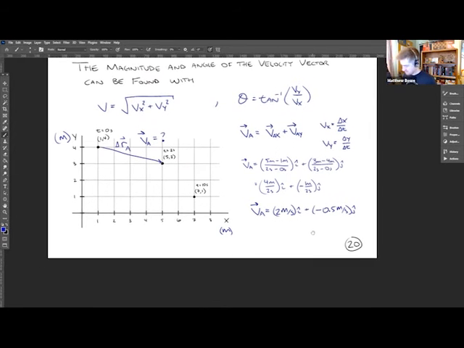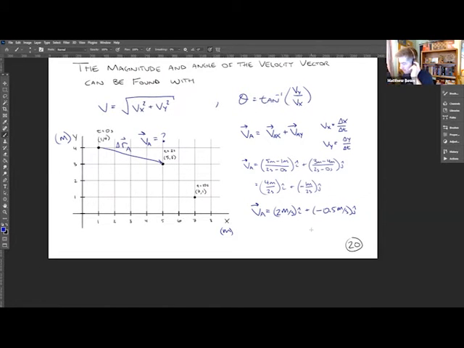This is kind of what I was talking about earlier. It's hard to tell how fast this is actually moving. I understand it's moving 2 meters per second this way and minus half a meter per second that way.